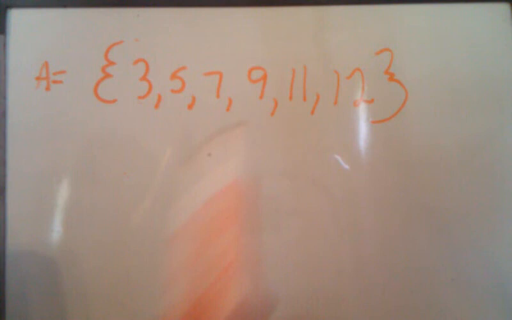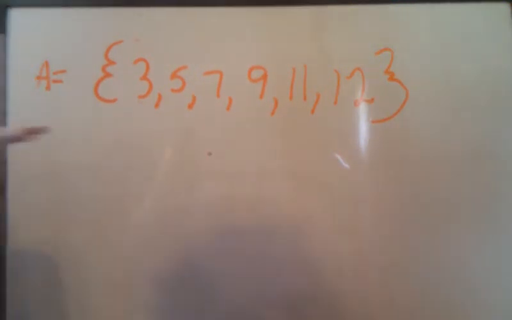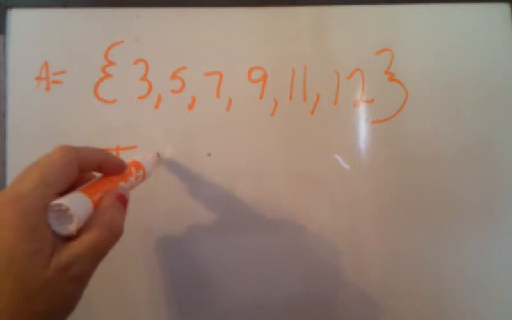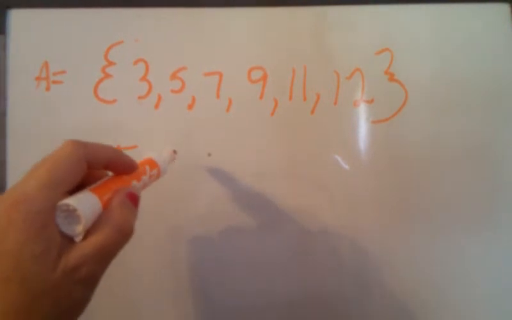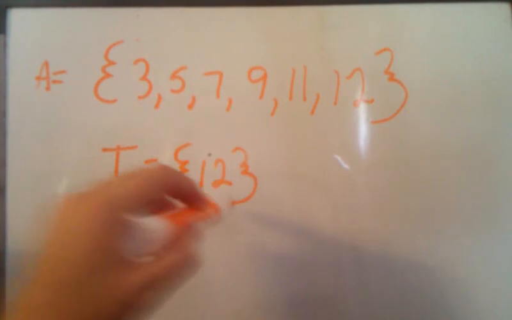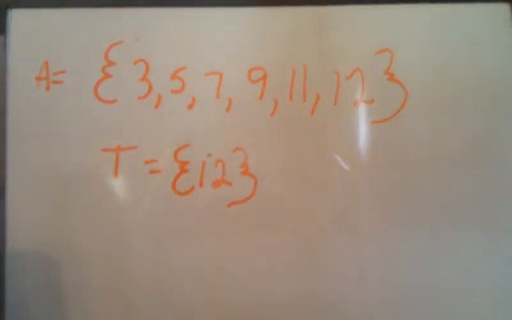This is the only one that's even. So T is the truth set. The truth set T equals 12. 12 is the only possible number it could be because it's the only element in A that is even.